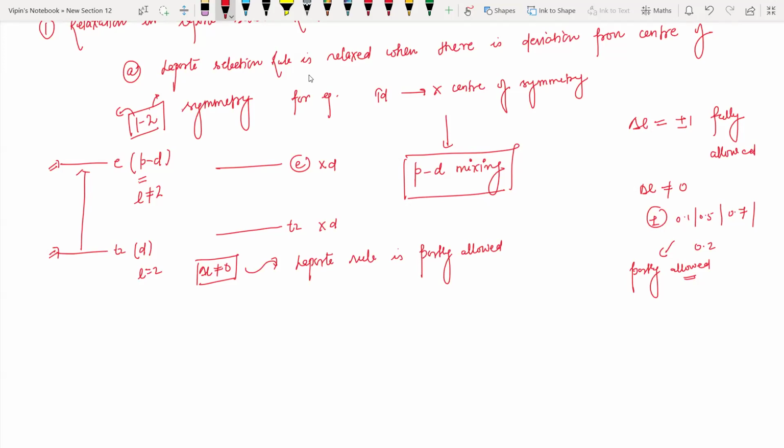But this will be less as compared to tetrahedral because in tetrahedral complexes there is no center of symmetry at all. But in octahedral complexes, the loss of center of symmetry occurs for a particular moment, a very short time.